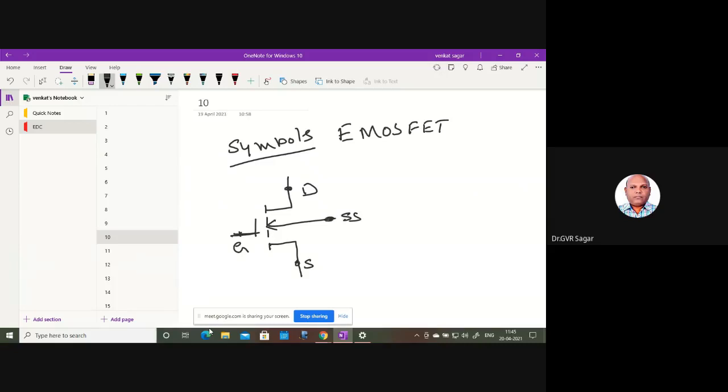Substrate. This is called N channel. N channel EMOSFET, right? Similarly, for P channel, the same thing you can draw here.